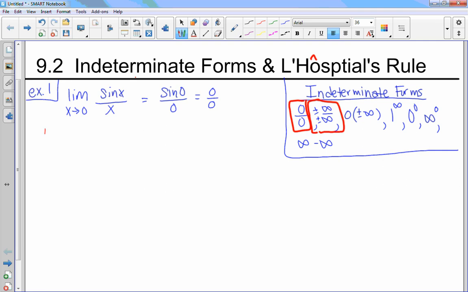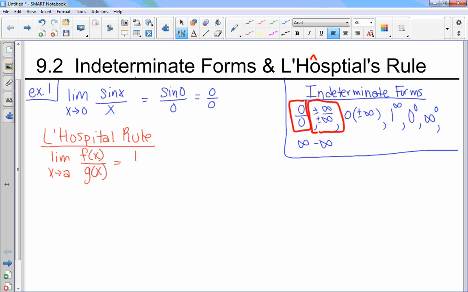So L'Hopital's rule, okay, the limit as x approaches a of f of x over g of x. What you can do is take the derivative of the numerator separately. You don't do quotient rule.